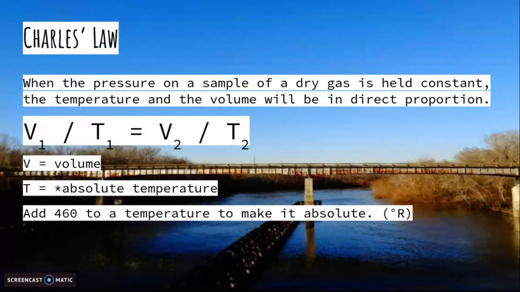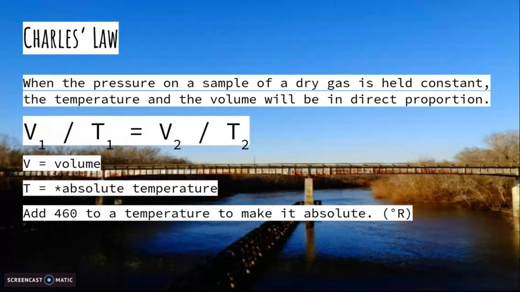So it's saying that if it's constant, the temperature and volume will increase in proportion with each other. So that means that volume 1 divided by temperature 1 equals volume 2 divided by temperature 2. So in an equation, when you're given values, you can plug in and find them.